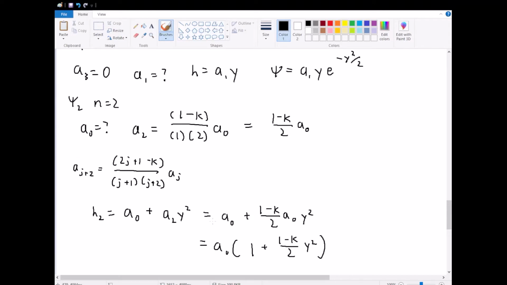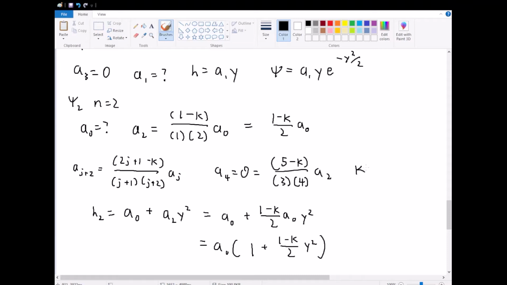And at this point, remember, we can solve for k under the requirement that a4 has to equal 0. So if a4 equals 0, then this equals 2 times 2 is 4, 5 minus k divided by 2 plus 1 is 3, and then 2 plus 2 is 4, times a2.